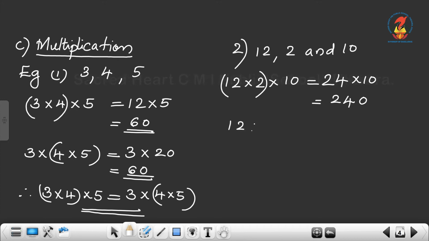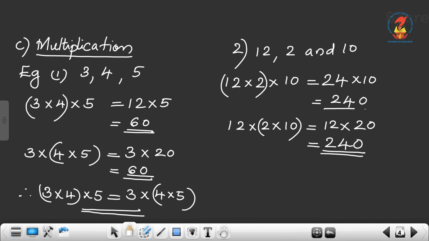Then again, 12 into 2 into 10. Then 2 into 10 we have to consider first. Find the product of 2 and 10. So, 12 into, what is 2 into 10? 2 into 10 is equal to 20, so it is 12 into 20. What is the product? 12 into 20 is equal to 240. Now, look at the products, whether they are the same.